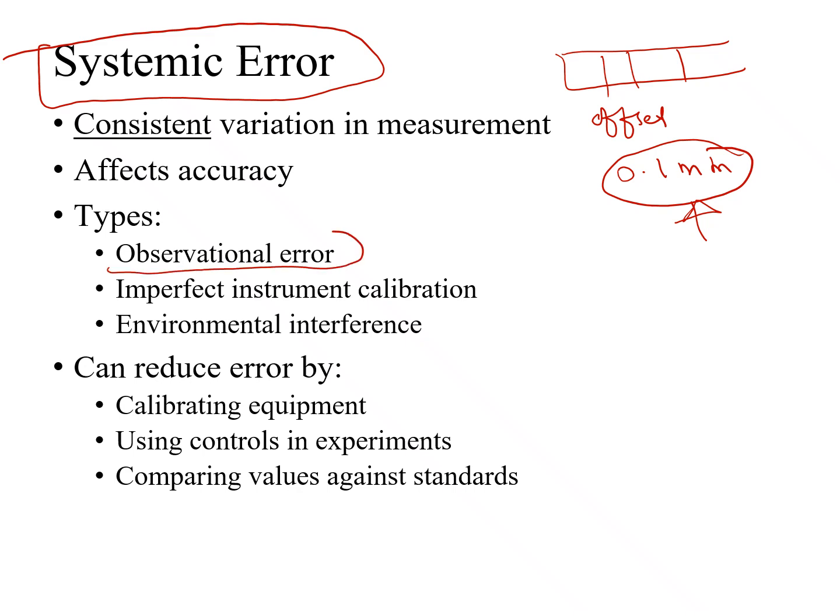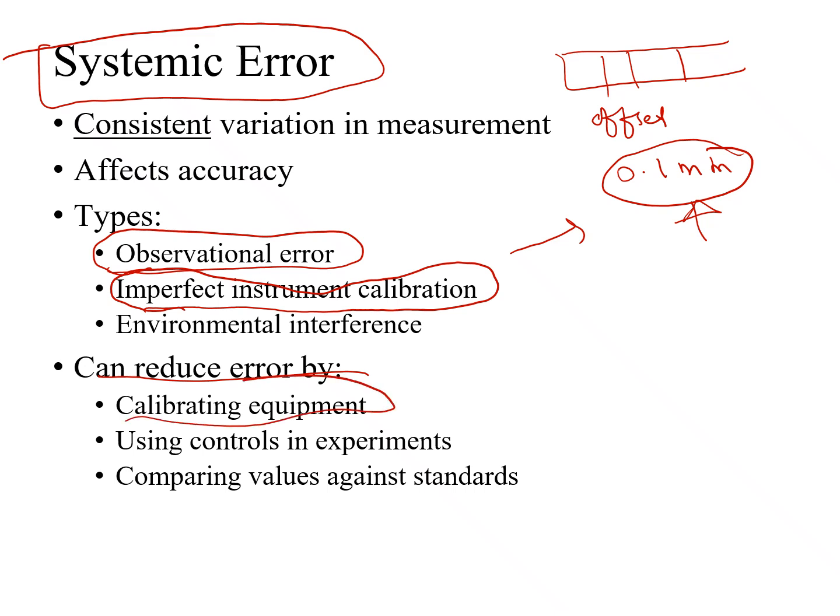You may also have observation error, like imperfect instrument calibration. When you do the calibration, you may have error as well, which is constant every time you take the measurement, unlike random error. Anything other than random is a systematic error, and it can be reduced by calibrating equipment and using controlled experiments.